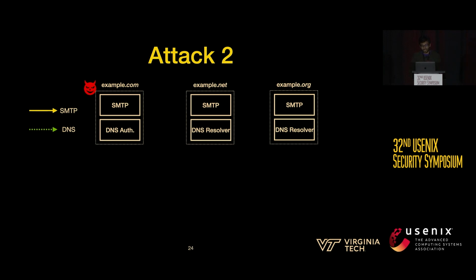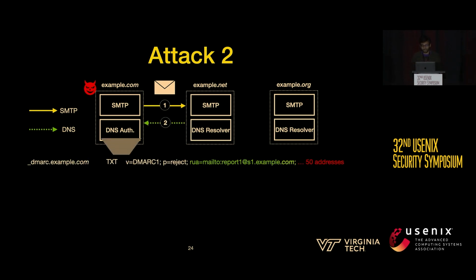Here's another attack where we leverage SMTP TLS reporting and DMARC reporting to circumvent the EDV check. Again, the attacker, with his domain example.com, sends an email to example.net, one of the recipients. Again, example.net supports DMARC reporting. Now the attacker can set a DMARC policy like this, where the RUA tag's email addresses point to his or her own domain.